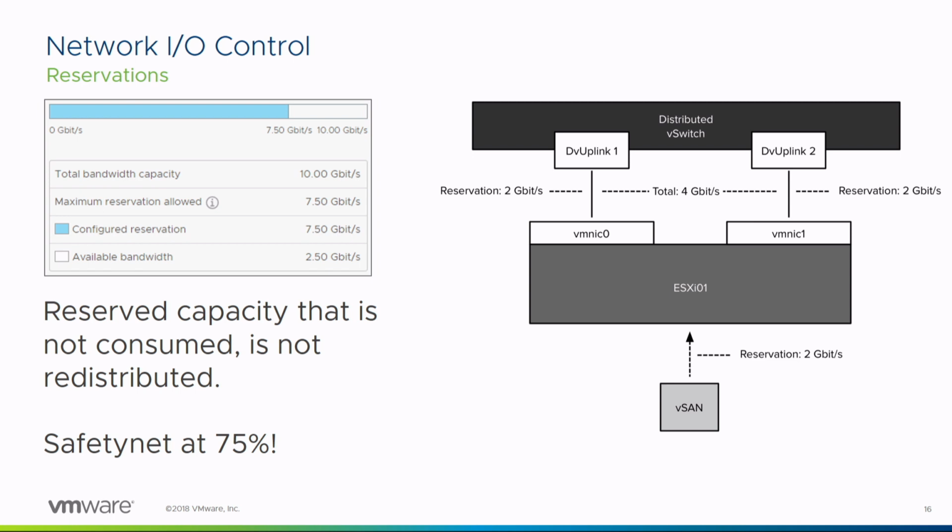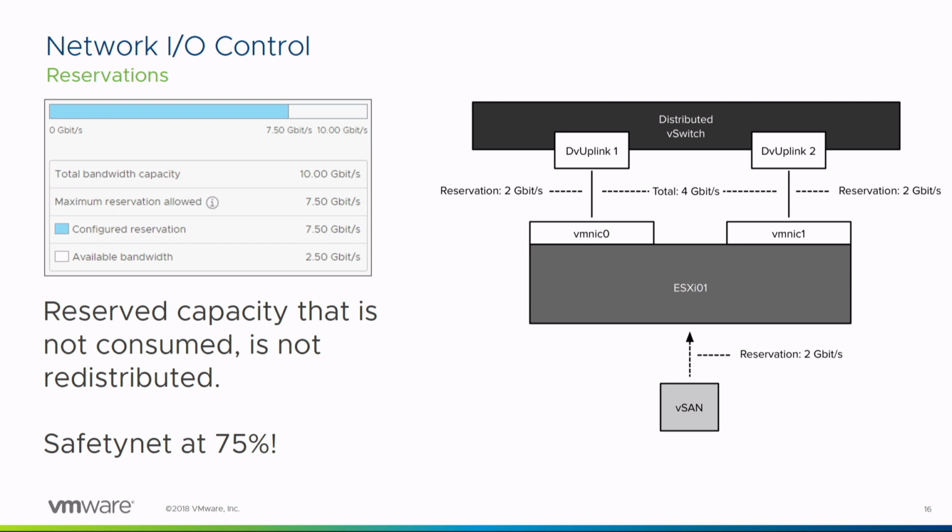The thing with reservations is once you have a reservation in place, the network I/O scheduler will consider that bandwidth to be consumed. It's gone. It's not redistributed to other VMs or whatever. So whatever you configure as a reservation, that bandwidth is gone.